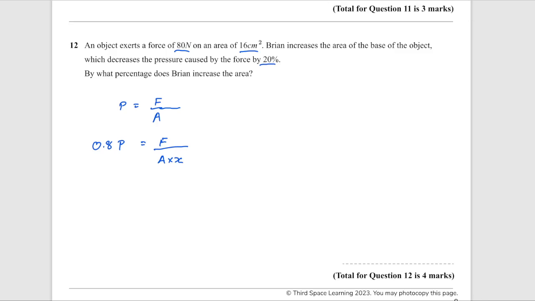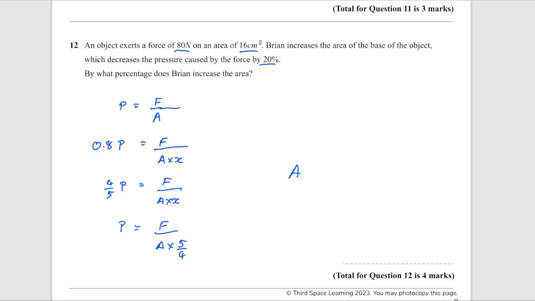Okay, so in effect what we're saying then is 4/5 of the pressure, that's 0.8, is equal to the force divided by the area times x. So the pressure is going to be equal to the force divided by the area times 5/4.